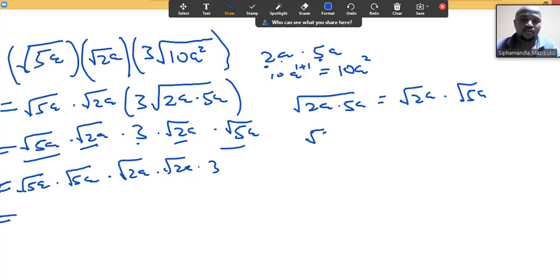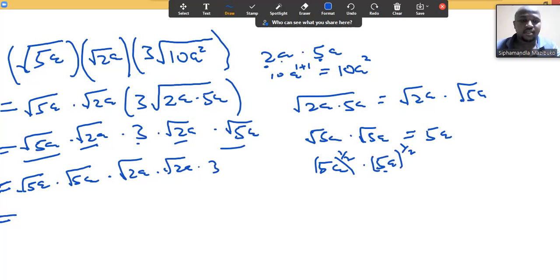We have the square root of 5a times the square root of 5a. This is nothing but 5a. The reason is that the bases are the same: root 5a can be written as 5a to the power half, multiplied by 5a to the power half.